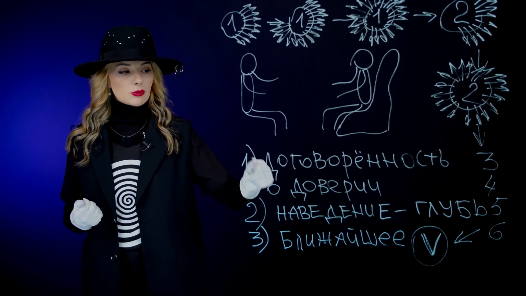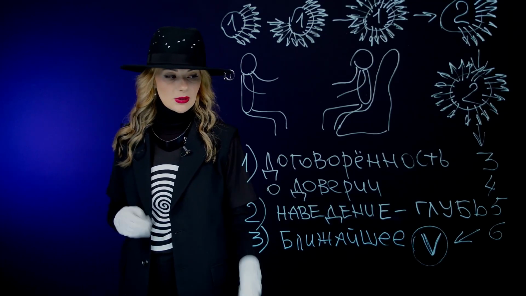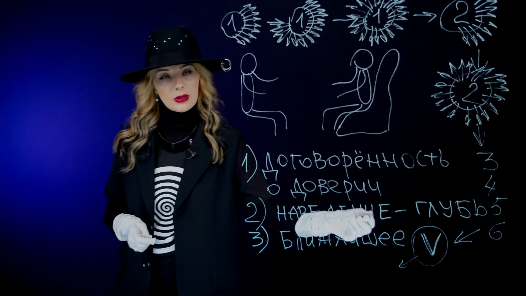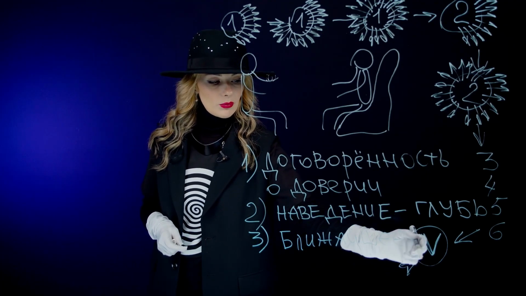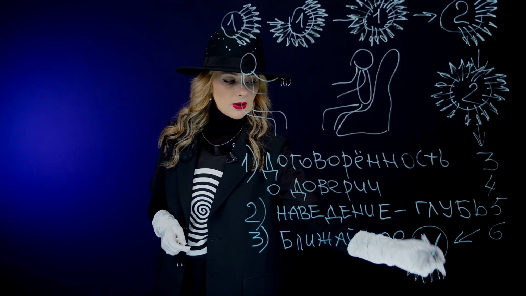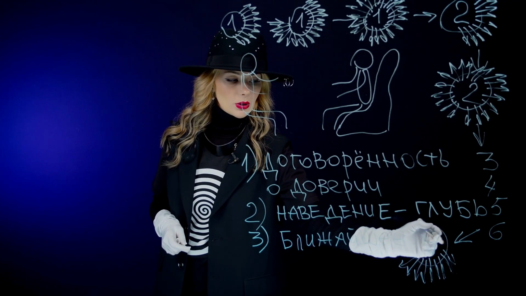That is, we must remember the event in the same way. Here we have the most important, the most key, but it's the furthest away. You have to try to remember it as carefully as possible, as many details as possible, in order to recreate it in your memory and work with it.